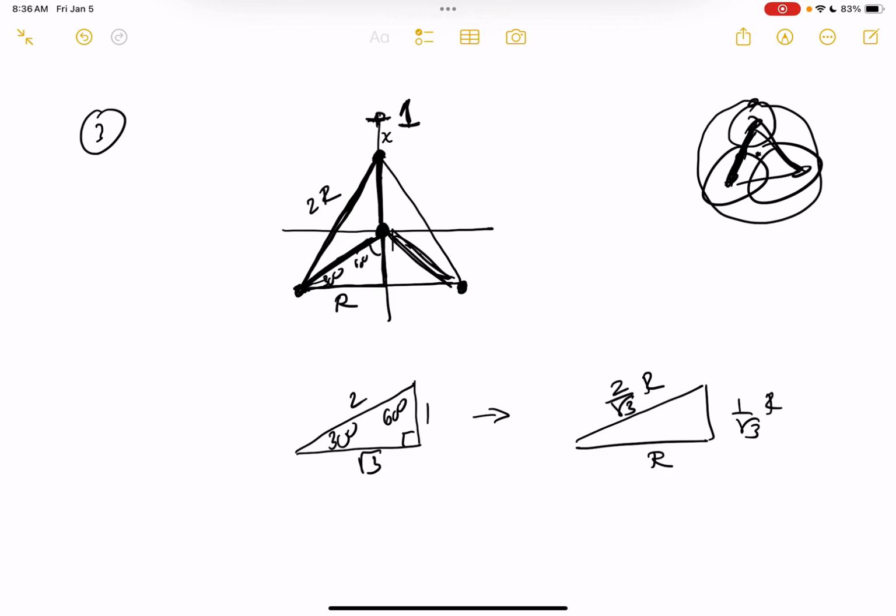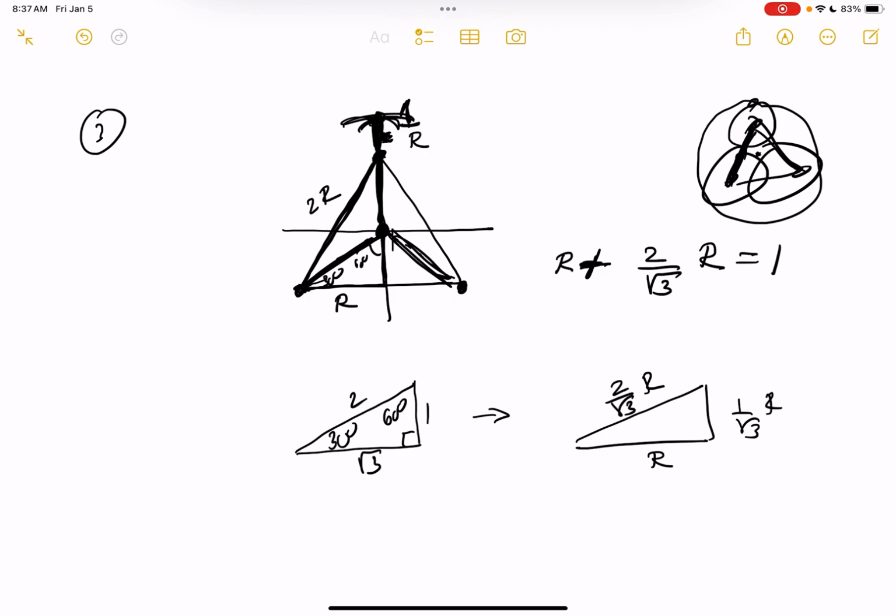And let me write this down. Well, you know what? That's not really x, that's r. And why is that? The circle's tangent to there. So this distance here is r. It's where that circle is touching the bigger circle, plus this. And what's that equal to? 2 over root 3 r. And that's equal to 1.